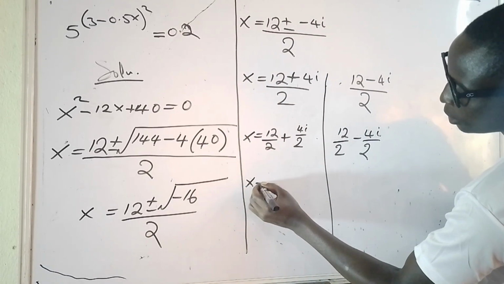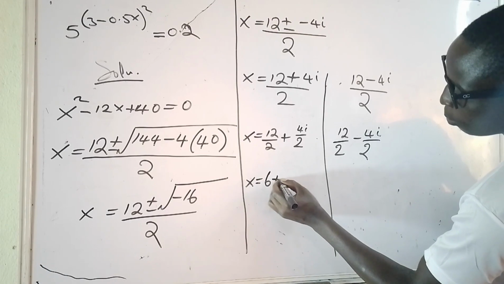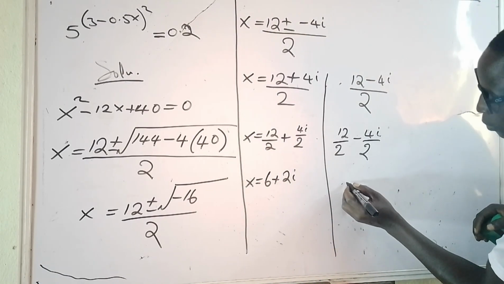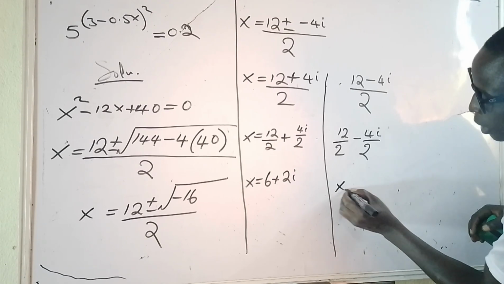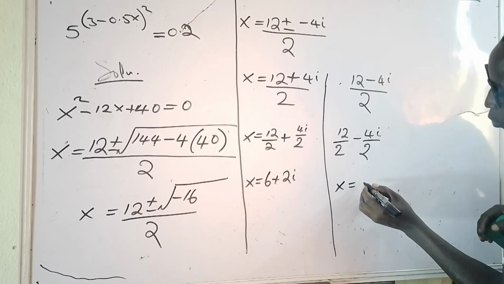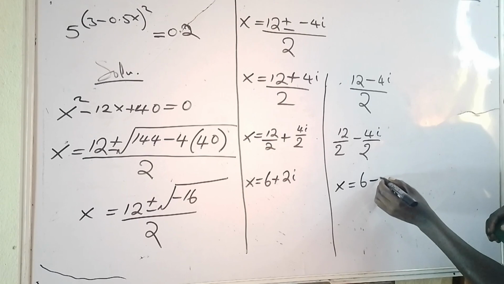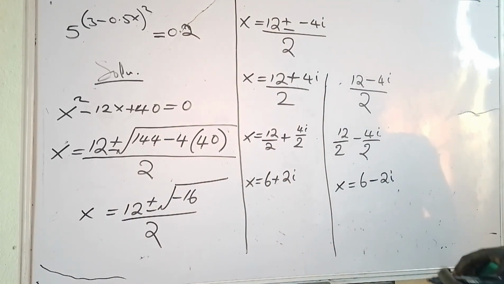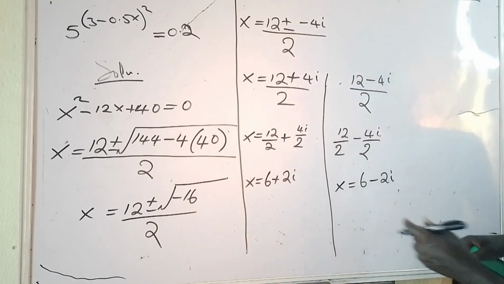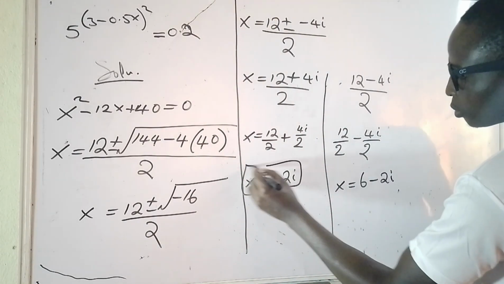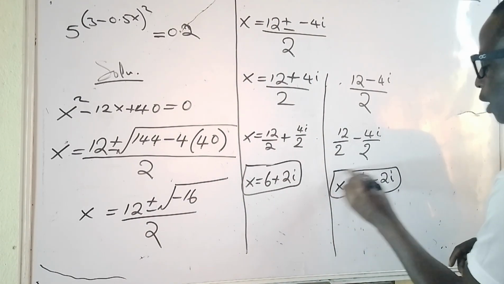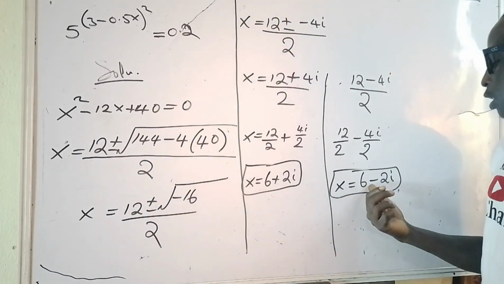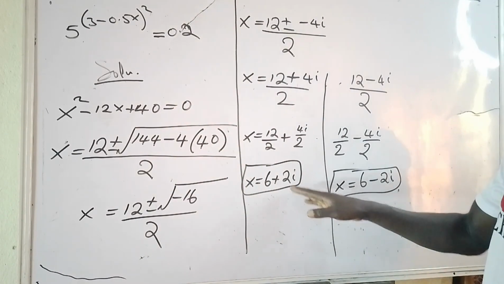So x is now equal to 6 plus 2i, or x is now equal to 6 minus 2i, because 4 divided by 2 is still 2. So this is the value of x: 6 plus 2i, 6 minus 2i.